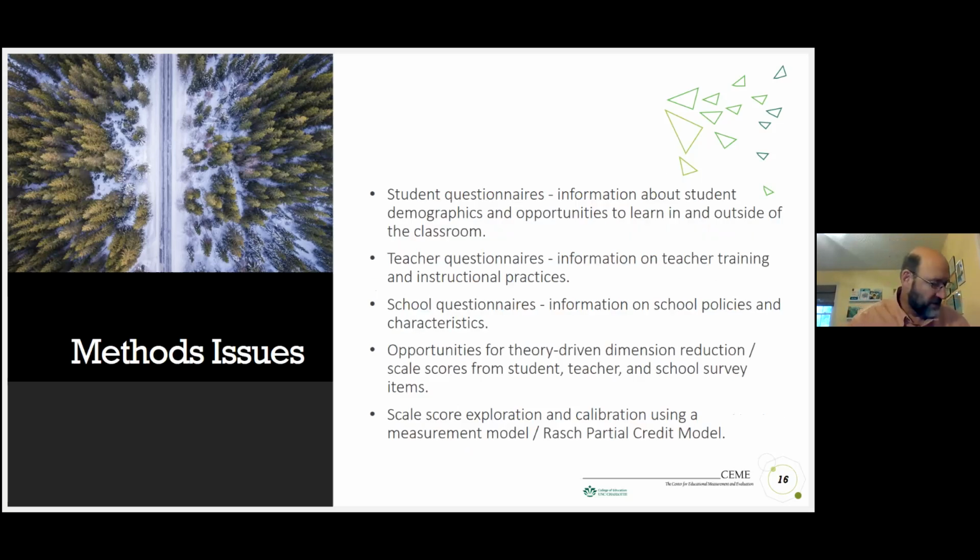A couple of other things to think about, and this was mentioned briefly this morning as well. There's not just the achievement scores that you can think about modeling, right? There's student questionnaires, teacher questionnaires, and school questionnaires.